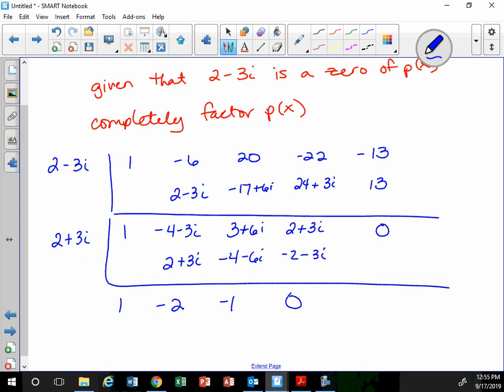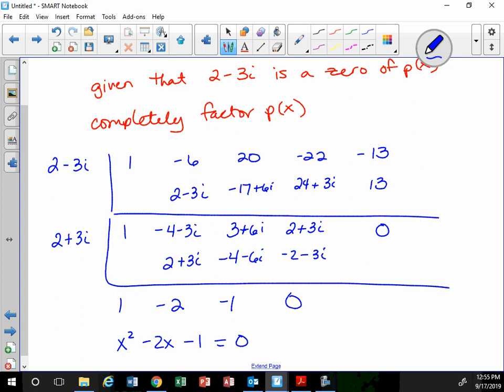How many of you are doing the long division way, though? Yes, okay. I think it's the easier way. So I'll wait here a second.